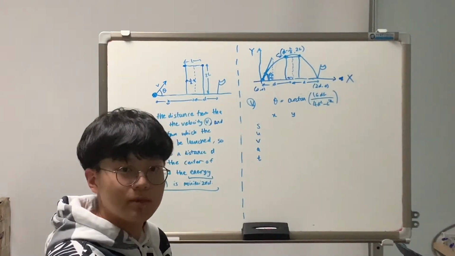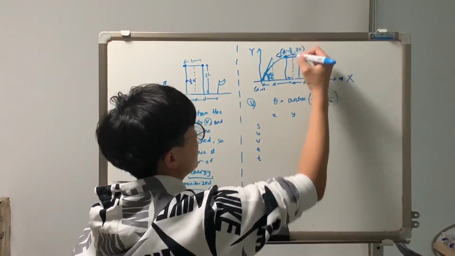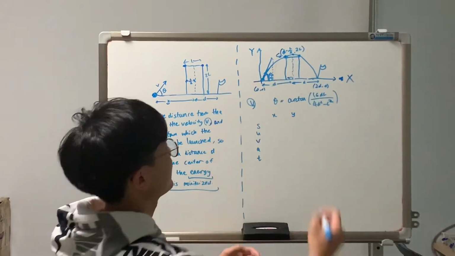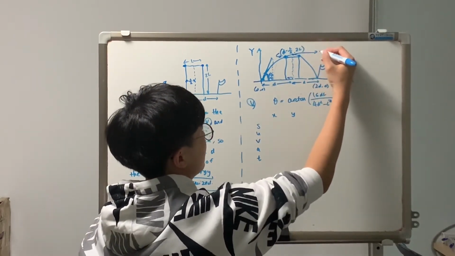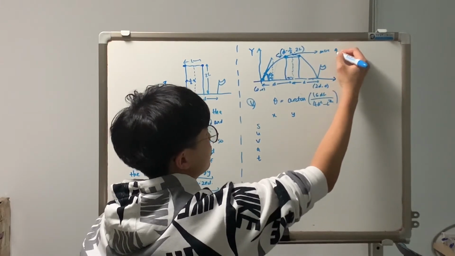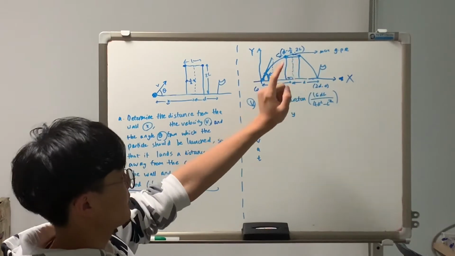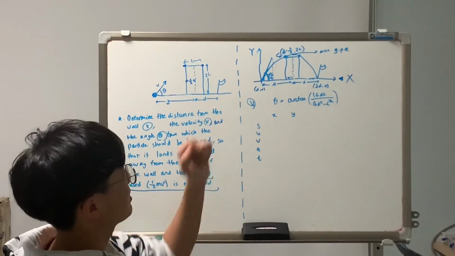It won't give us something new. And so we have to determine the suvat at this point here, which is going to be max gravitational potential energy.